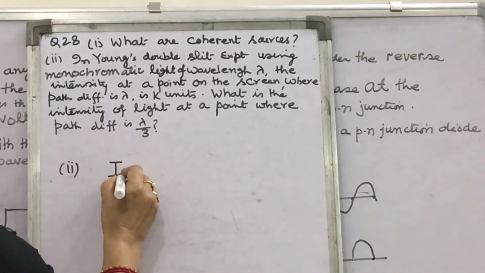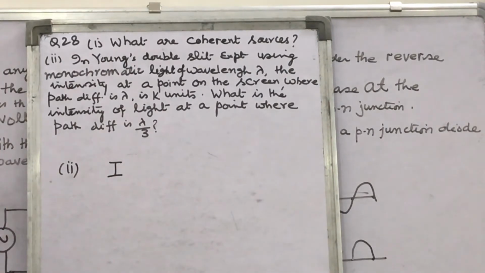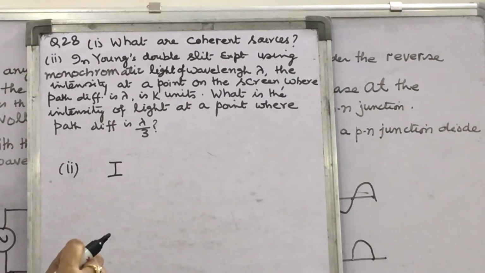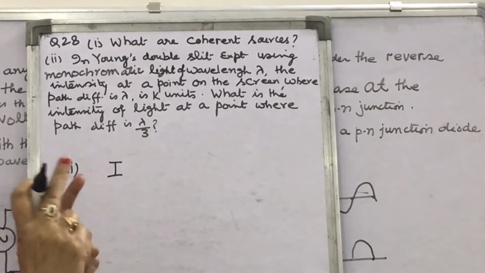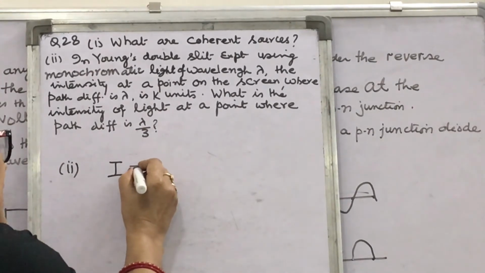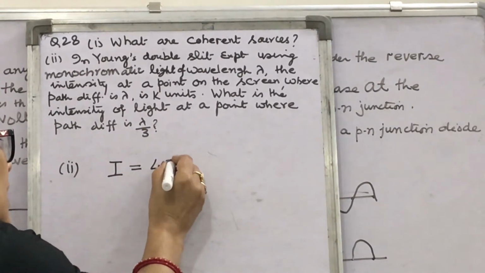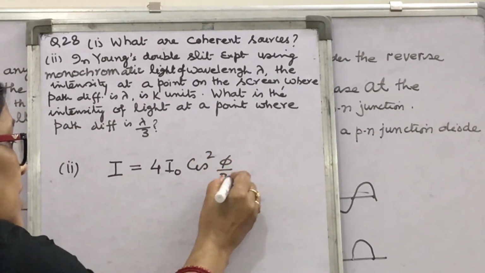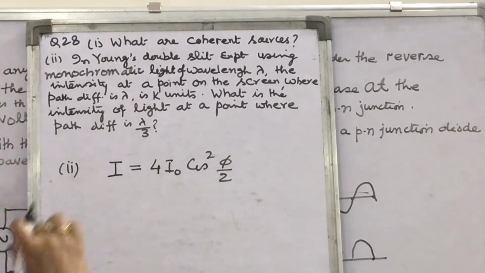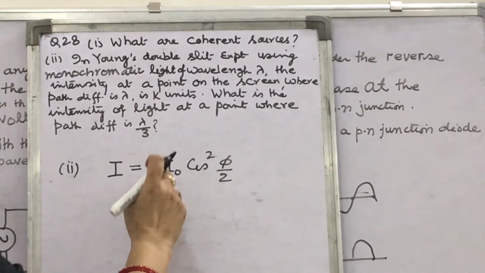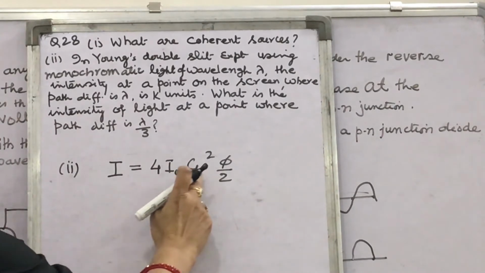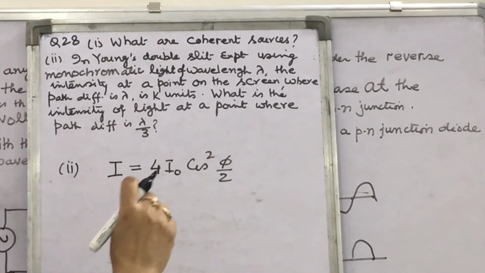The intensity of the two waves after superposition, you know interference is based on the principle of superposition, is given by 4I naught cos square phi by 2. Learn how this expression is derived, where I naught is the intensity of individual waves, and phi is the phase difference between the waves.